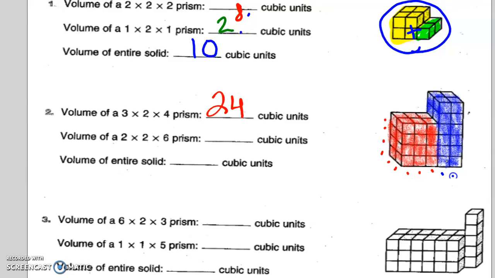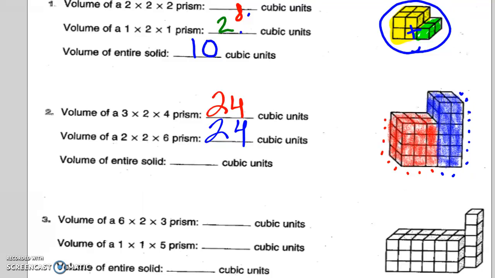It is 2 blocks long by 2 blocks wide or deep, and 1, 2, 3, 4, 5, 6 blocks tall. Do you see that same formula on the left? A prism that is 2 by 2 by 6 also has a volume of 24 cubic units.